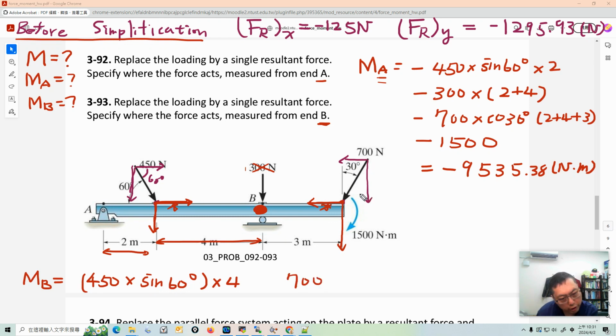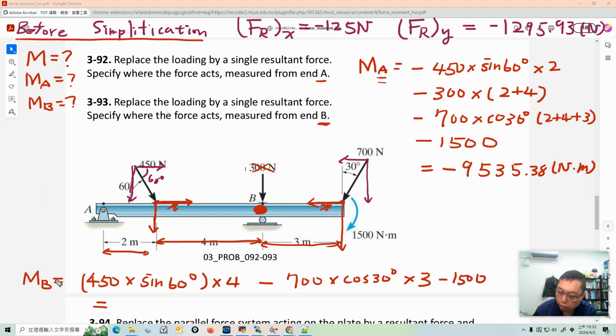The vertical component is cosine 30 degrees, and because the force is here and the reference point is here, it will create a clockwise rotation, so it will become negative, and the lever arm here is 3. Finally we have this external moment 1500, and it's clockwise, so it's minus 1500 Newton meters.